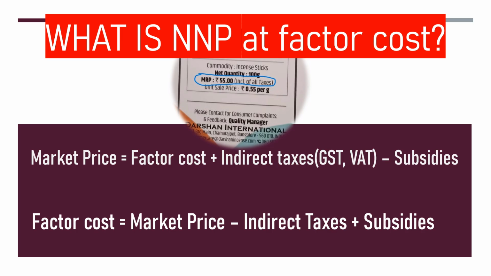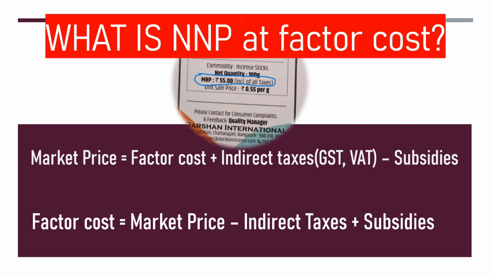Now let's say the government gives a subsidy of 20 rupees. Now the factor cost will be 130 rupees.